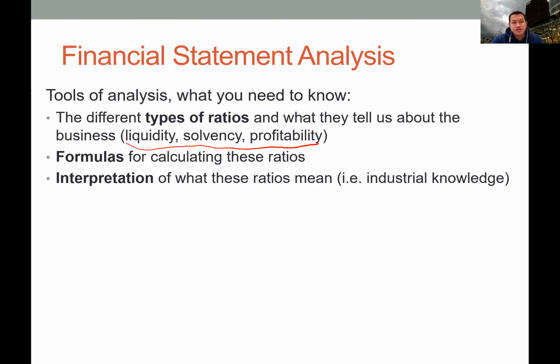We need to know the formulas so we calculate these ratios correctly, and then interpret what these ratios mean, so hopefully we can use this interpretation in our business decision making.